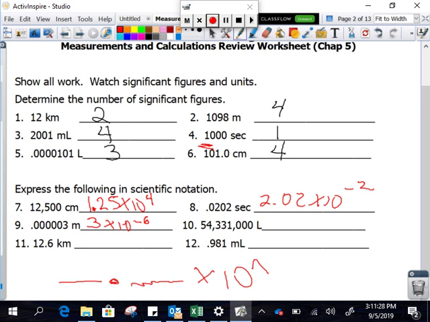Number 10 is a horrible use of scientific notation. This is a number that should not be used, but we're forced to, so I'm going to anyway. 5.4331 times 10 to the 7th. I want to point out it's 5 point. There's one number and then the decimal. You don't put like 2 or 3 numbers and then the decimal.